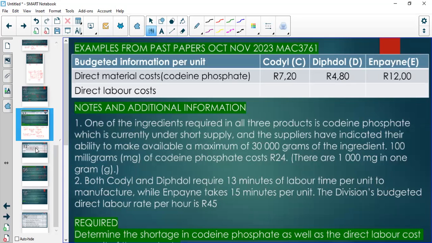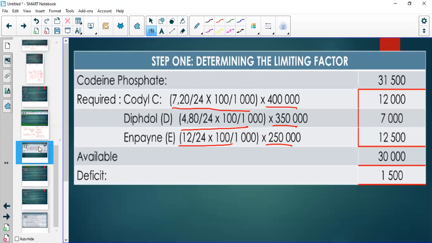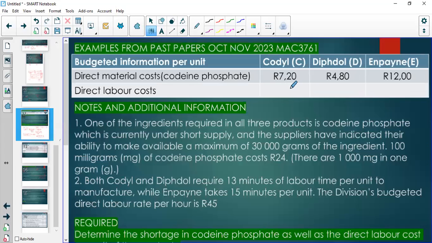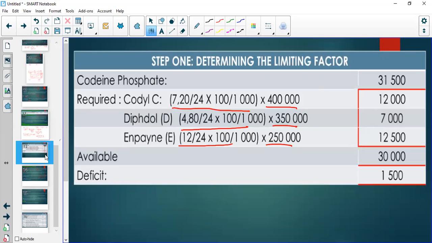Let me just say this: 400, 350, 250. What we require to produce is 400,000 here, 350,000 here, and 250,000 here. These are the units that we require. I accidentally removed that information.